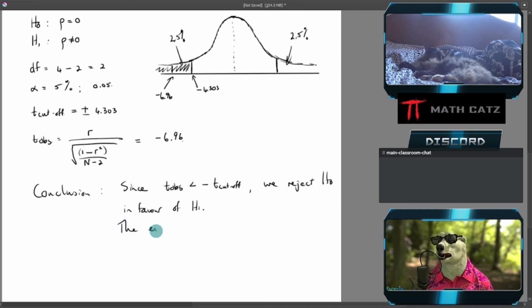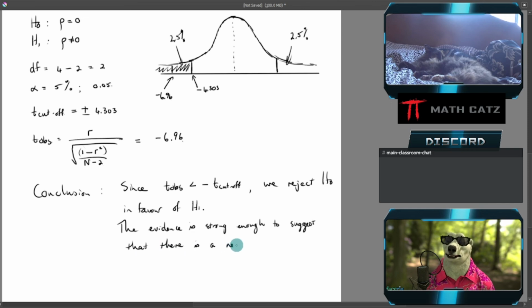The evidence is strong enough to suggest that there is, well, technically there is a correlation between dexterity and anxiety.